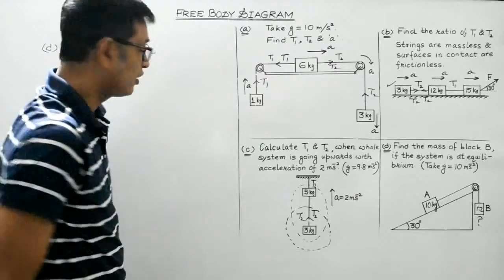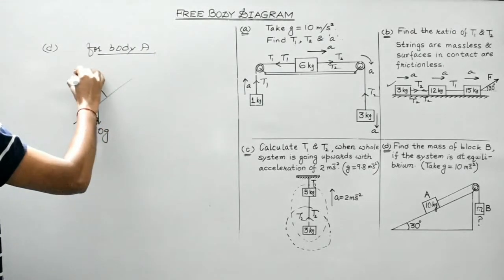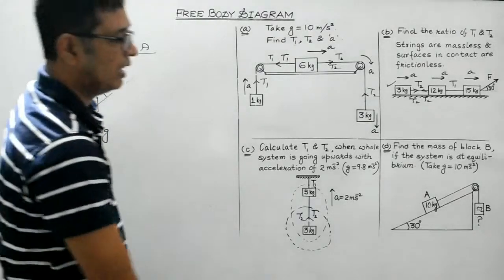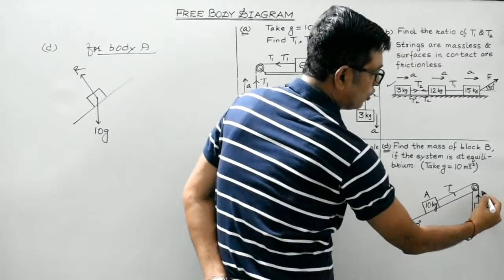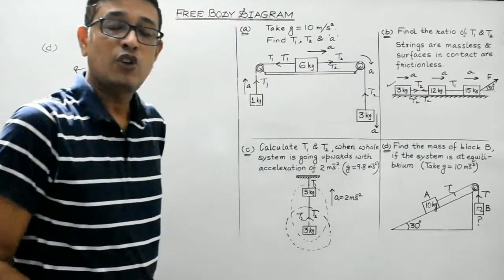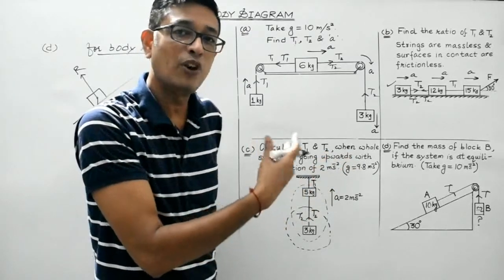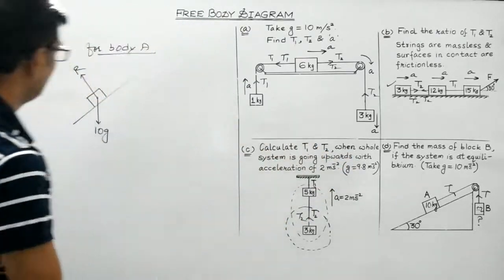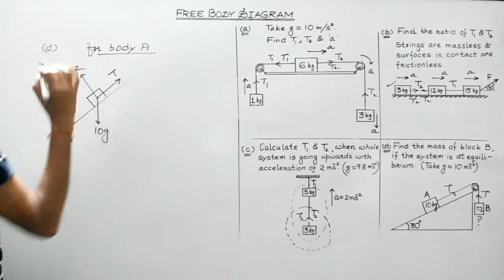Reaction always acts perpendicular to the surface over which the body is placed. So this is the reaction force. And this is the tension. Tension, as I told you, is a force which always acts along the length of the string towards the point of suspension. So these are the forces. This is tension T.